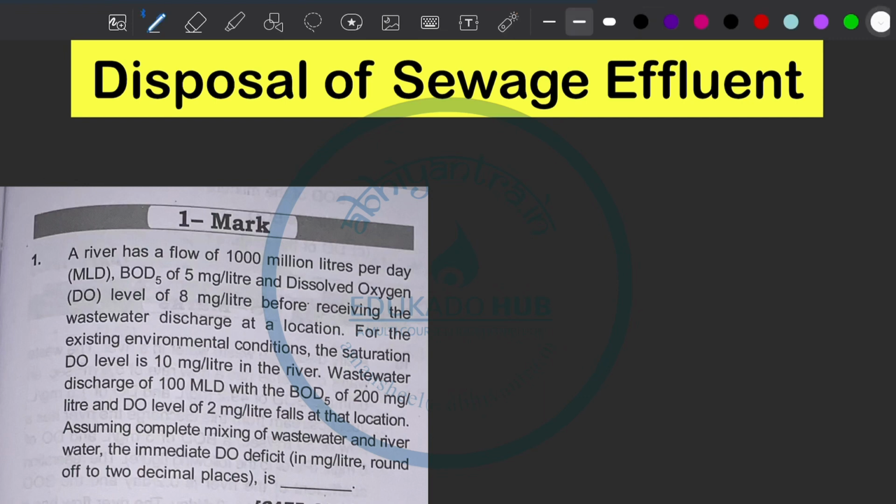See what they have given us. Let's write that first. They have given the discharge, which is 1000 MLD.